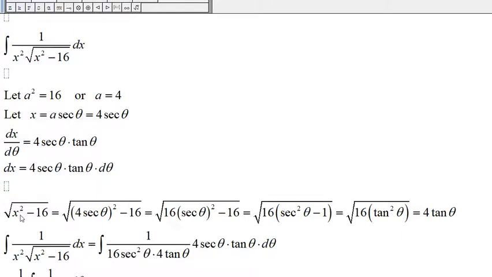And now let's write the expression square root of x squared minus 16 in terms of theta. x is equal to 4 secant of theta. x squared will be 4 secant of theta squared, which is 16 secant squared theta.